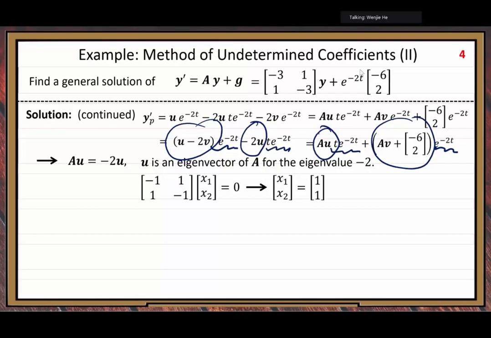Just scale it. To get all the other eigenvectors, you scale this representative vector in that eigenspace.